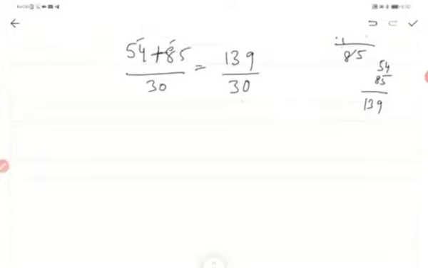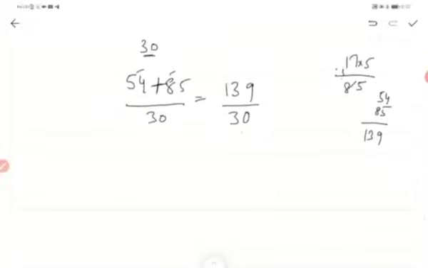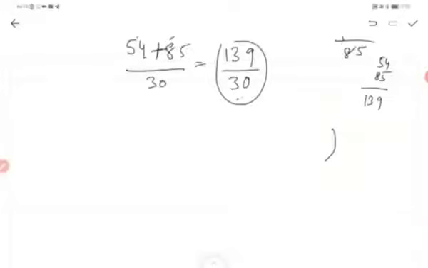139 by 30. Since your question was in mixed fraction, we can convert this answer into a mixed fraction. Okay, so if I divide 139 by 30, how many times will it go? 30 4s are 120.